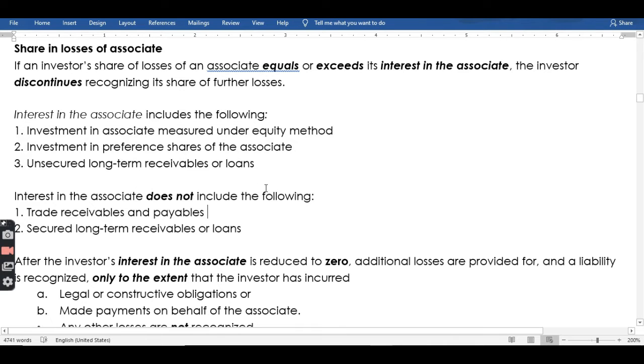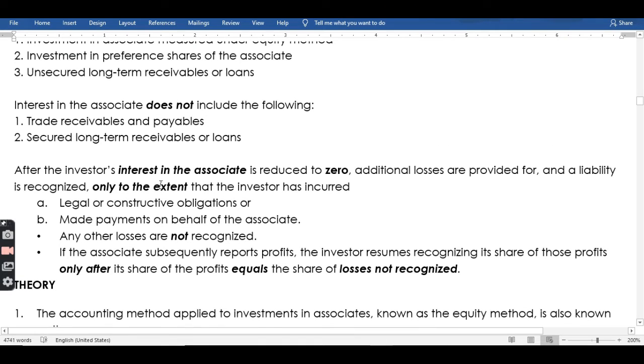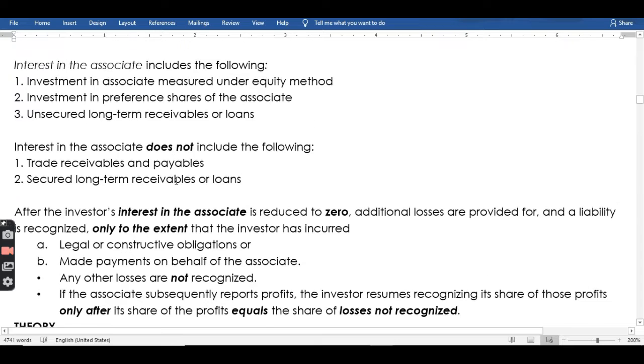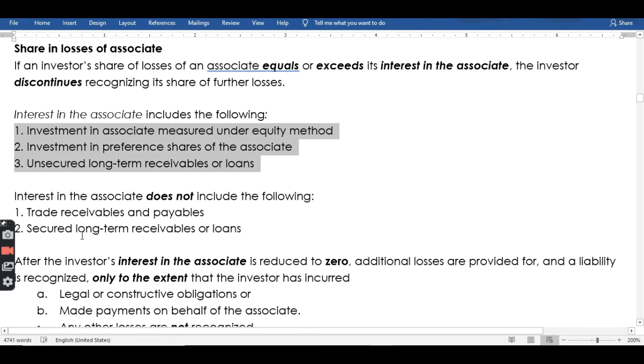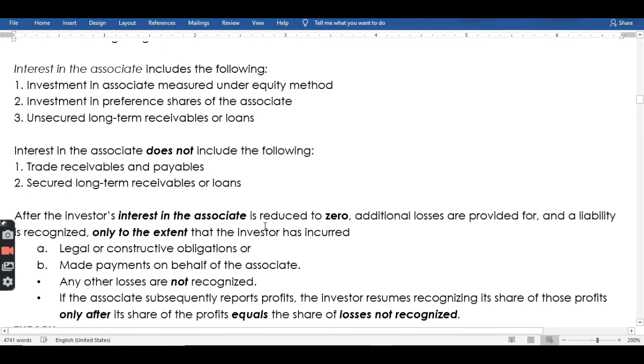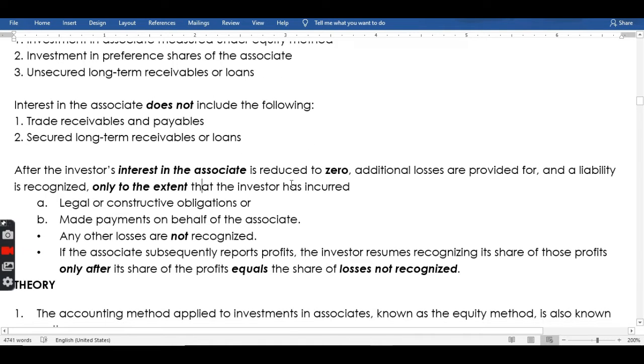Okay, kaso ang sinasabi ng standard, what if ubos ka na nga, zero na nga to, ikaw ay nag-accommodate pa ng mga utang on behalf of the associate. So kapag ikaw ay nag-accommodate ng utang on behalf of the associate, okay, na separate pa sa mga ito, pwede mo pa siyang i-recognize as additional liabilities or additional expenses. Okay? At yung mga yon, only to the extent daw na ikaw ay may ginastos na ganito. Yung letter A at saka letter B. Okay?